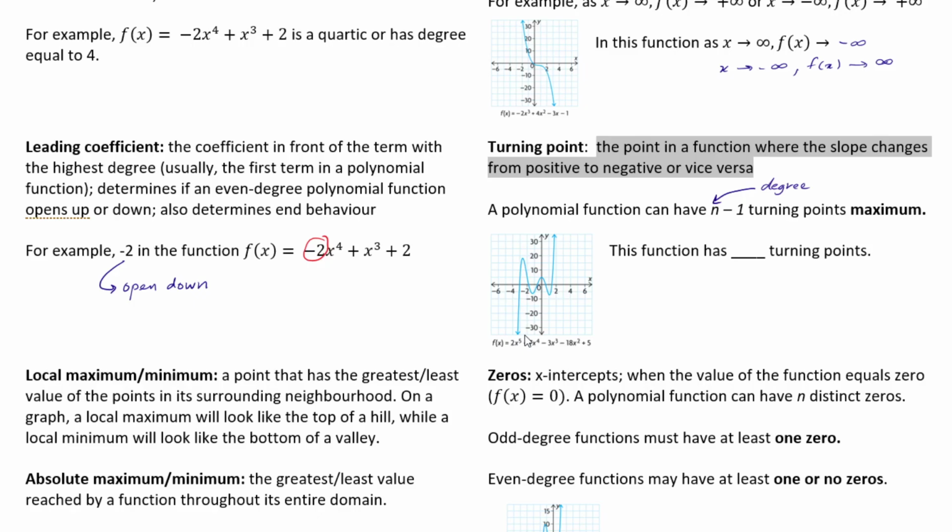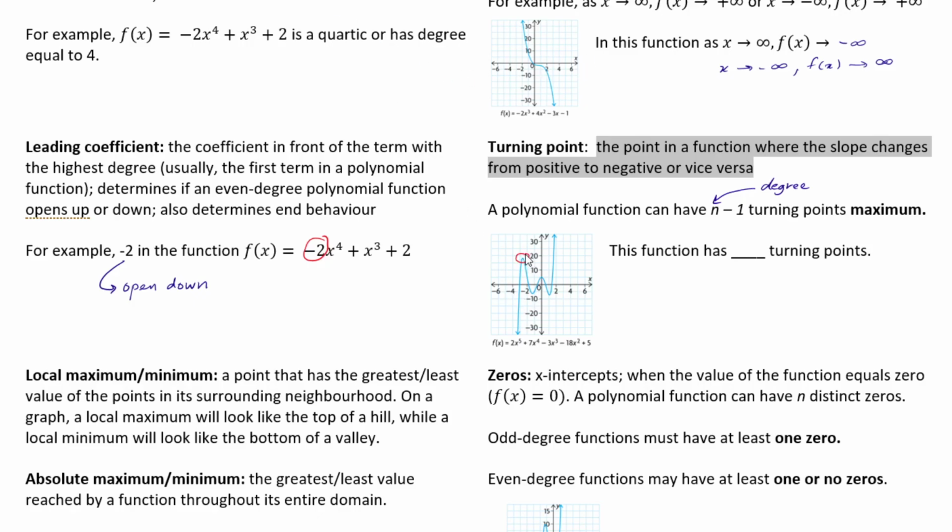If we were to take a look at this, we can see how many turning points there are here. As we go from left to right, the graph goes up to a turning point located right there. And I'm just going to circle it right here.